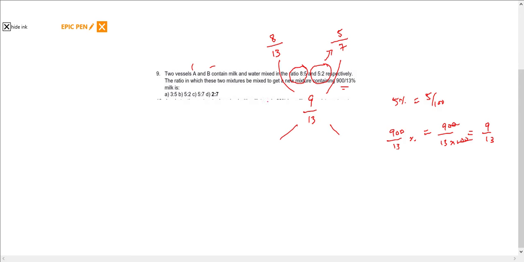Okay, let's do alligation. This is 1 by 13, this is 91, this is 63, this is 65 minus 63, which is 2 by 91, and this is 1 by 91. So this is 1, this is 7, this is 2 is to 7. That's my answer.